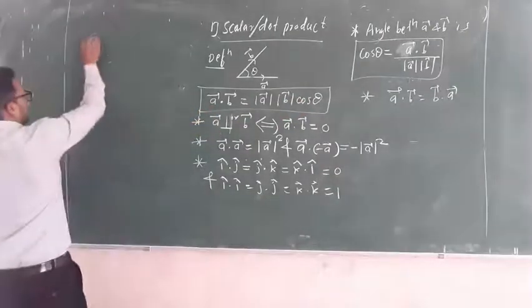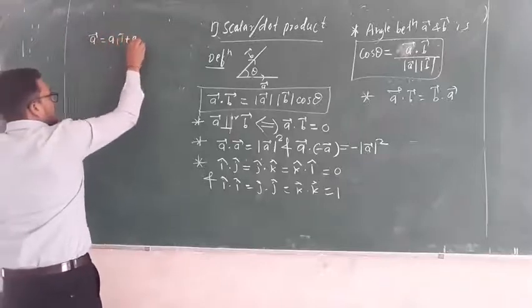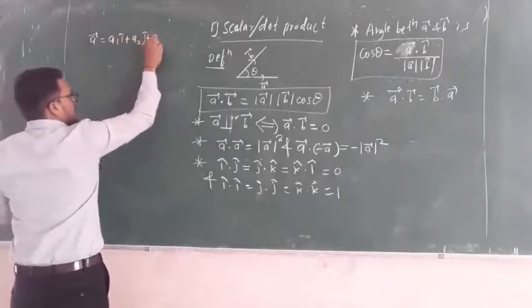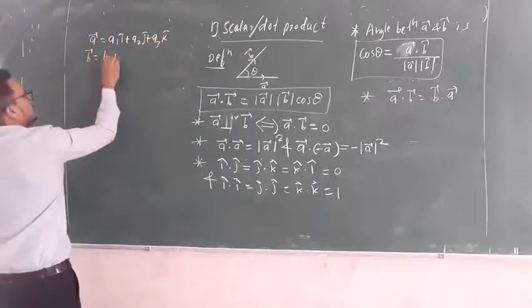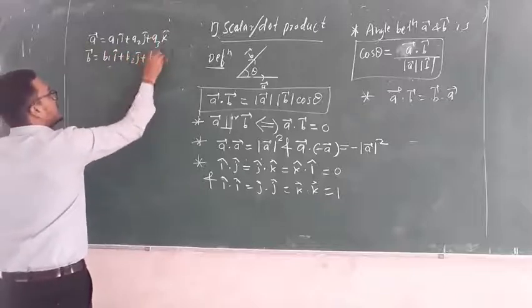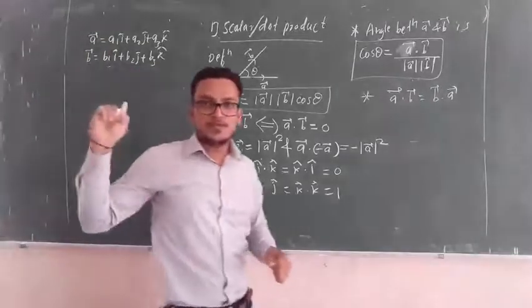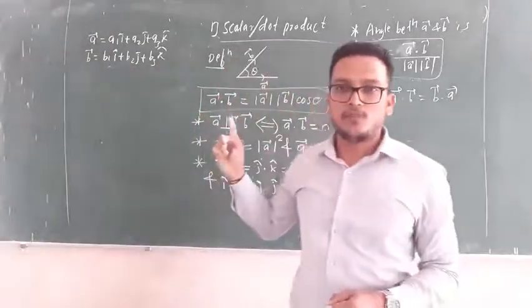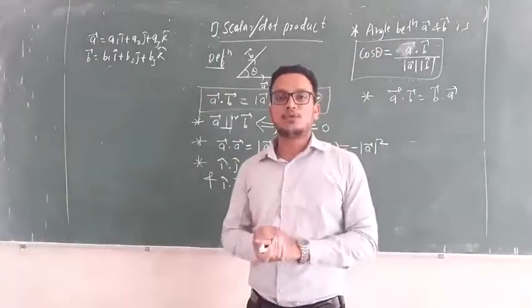Suppose your vector A is A1i plus A2j plus A3k, and vector B is B1i plus B2j plus B3k. If the vectors are given in component form, how do we calculate the dot product?